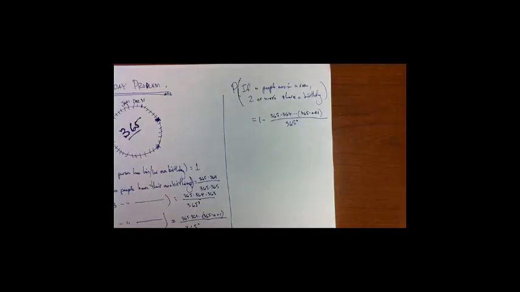You can see, of course, as the number of people in the room gets higher, this chance is going to get higher and higher. In fact, if you have 365 people in the room, then the chance is 100%, right? Unless it's a leap year. But we're assuming that we're not doing that.